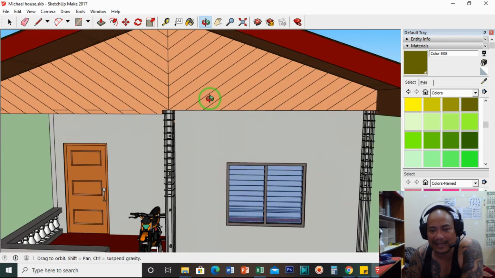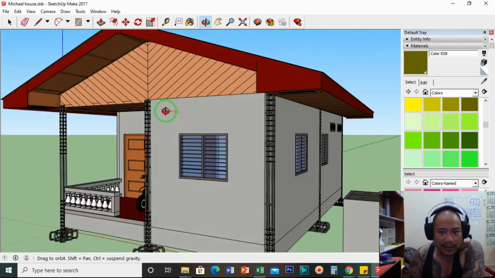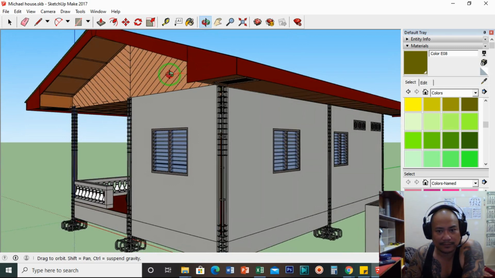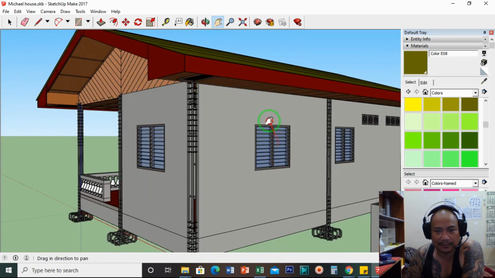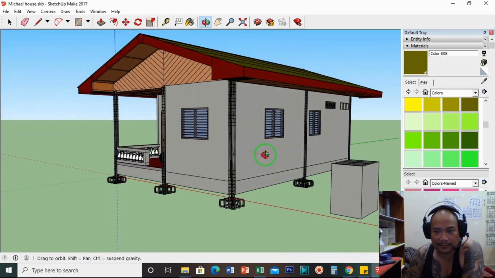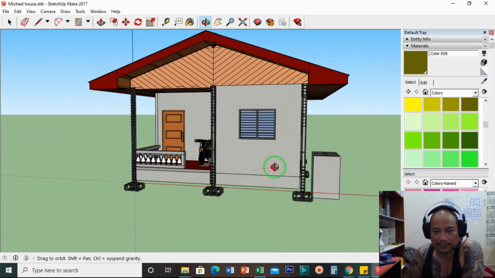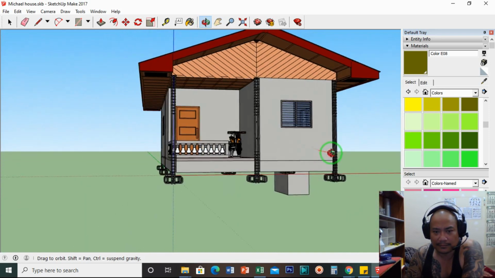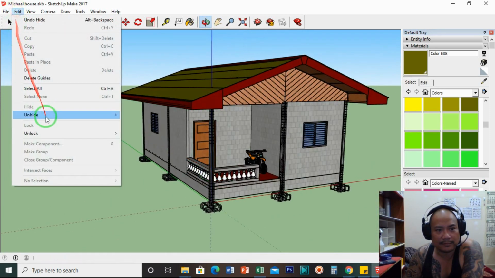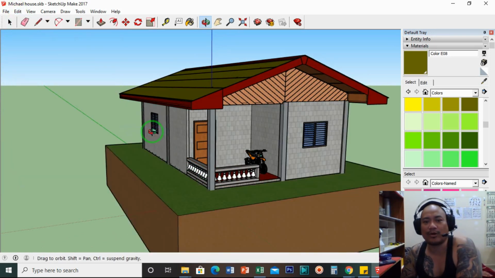We will just clean it and paint it with wood paint. I will unhide it all.